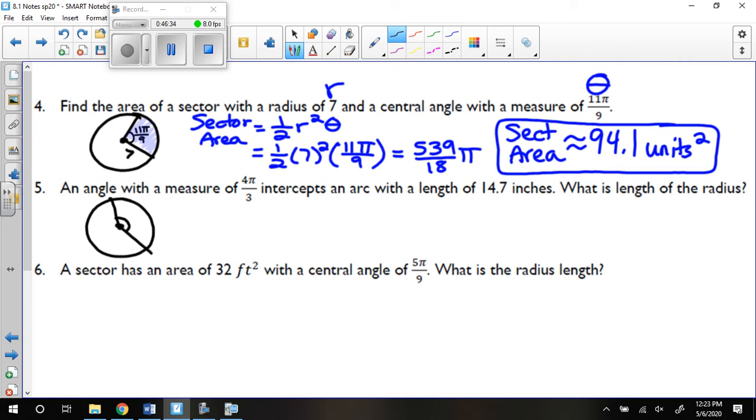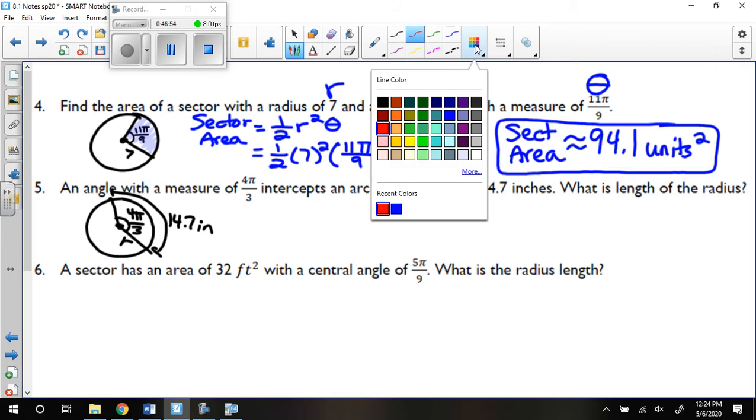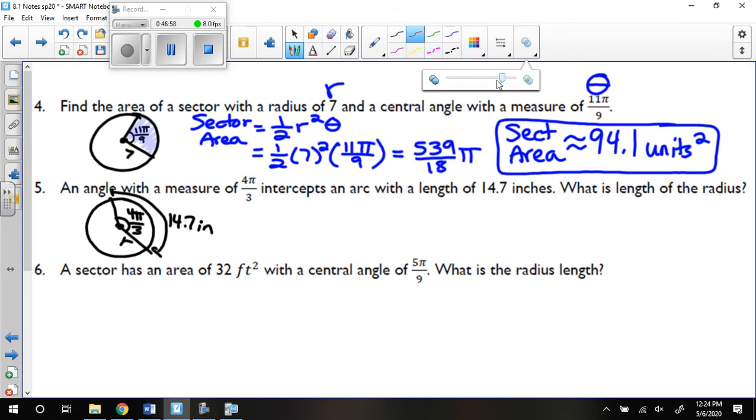Okay, so my angle measure is the 4 pi over 3, and it intercepts an arc of length 14.7 inches. And what is the radius length?